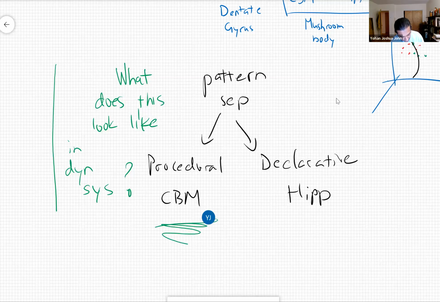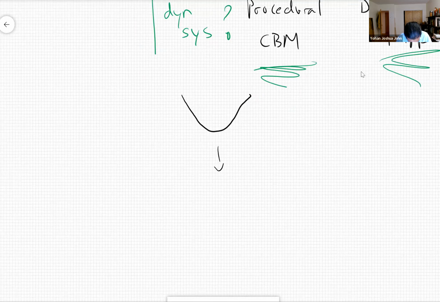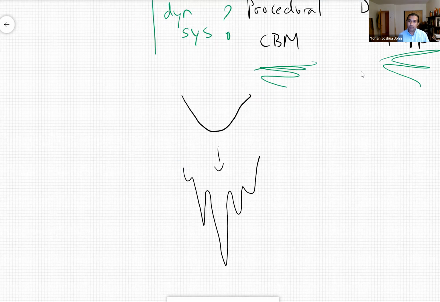Is it something as simple as initially starting with this broad, fuzzy attractor landscape and then having these sharp and distinct attractors within a broader attractor?